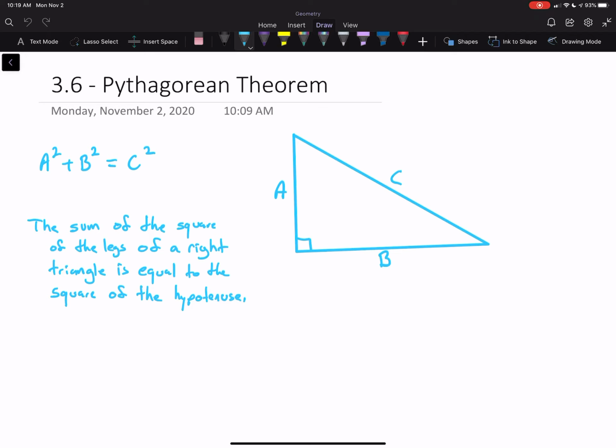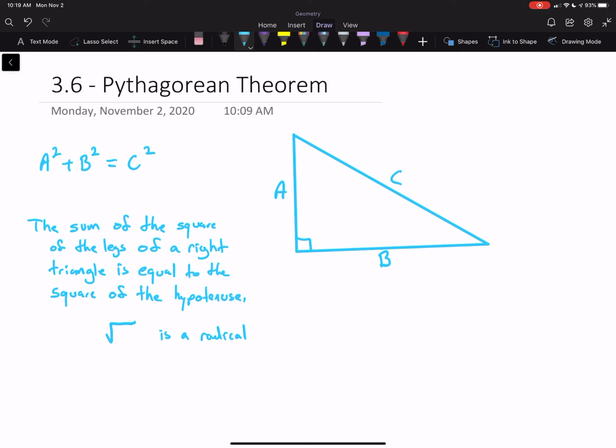This symbol here is called a radical, and a radical undoes squares, kind of like multiplication would undo division, or addition might undo subtraction. A radical undoes a square, or vice versa, a square undoes a radical.